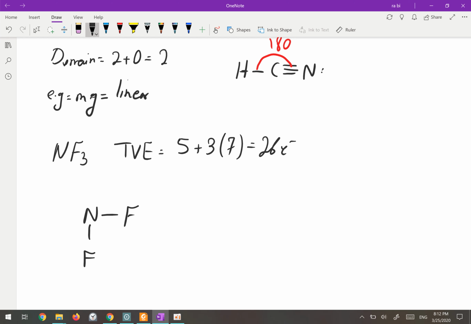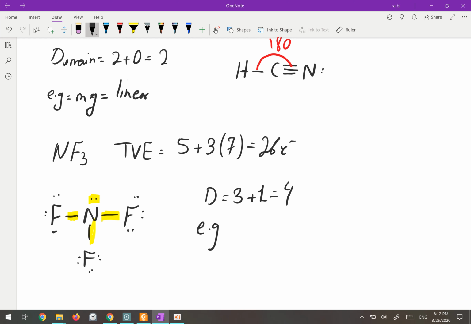I won't go into more detail about the Lewis structures because we have drawn all of these examples before. Okay, so this is the Lewis structure. The domain around the nitrogen is 1, 2, 3, 4 domains. So the domain is 4, 3 of them are bonds, 1 lone pair, it becomes 4.